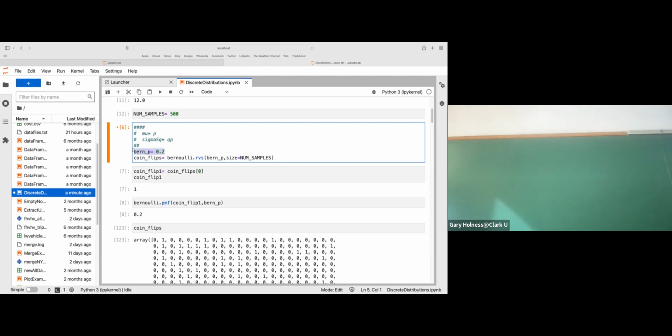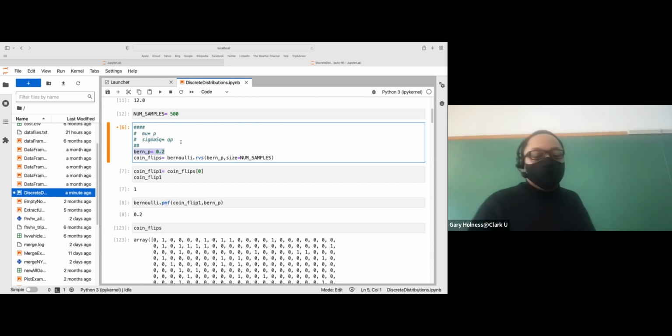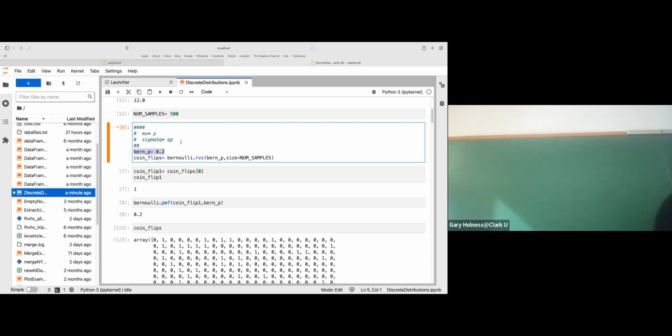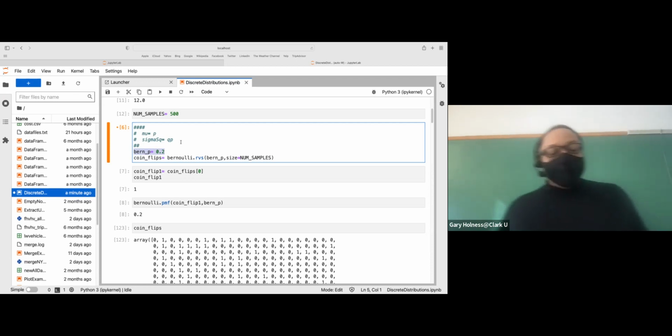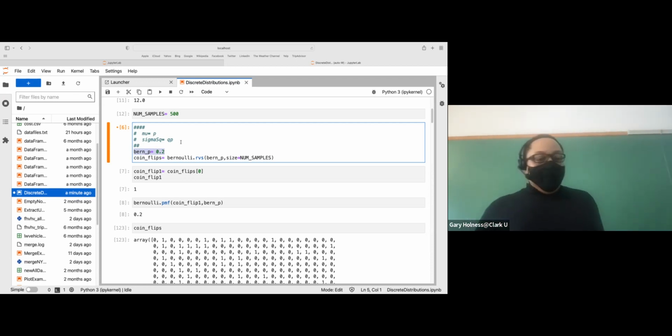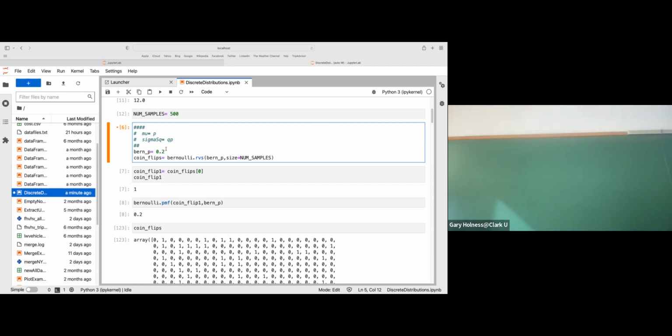Ground truth, we're imagining this Bernoulli distribution governing some quantity in the population has a success rate for the true outcome of 20%. Does that make sense? Okay. And so we know from the theory that the population mean, mu, is p, and the population variance, sigma squared, is q times p. So if we know what Bernoulli p is, 20%, we know that Bernoulli q is 1 minus 20%, which is 80%.